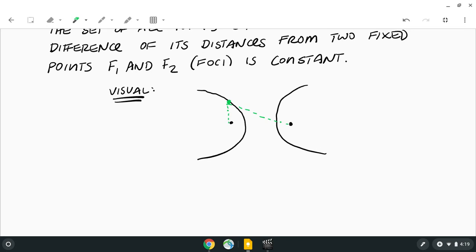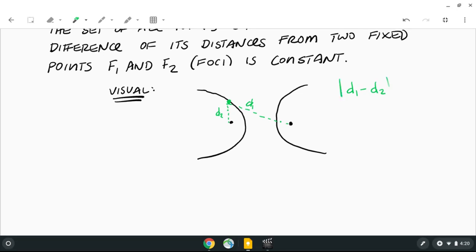So if I have this distance, I'll call it D1, and I'll call this D2, then D1 minus D2, I'll do absolute value so it doesn't matter which one we do first. So D1 minus D2 is equal to some constant, right?